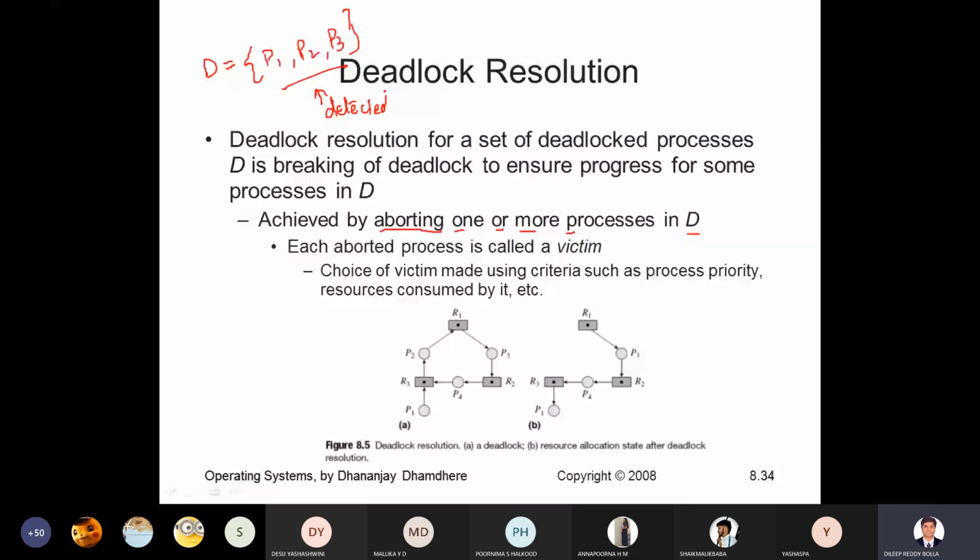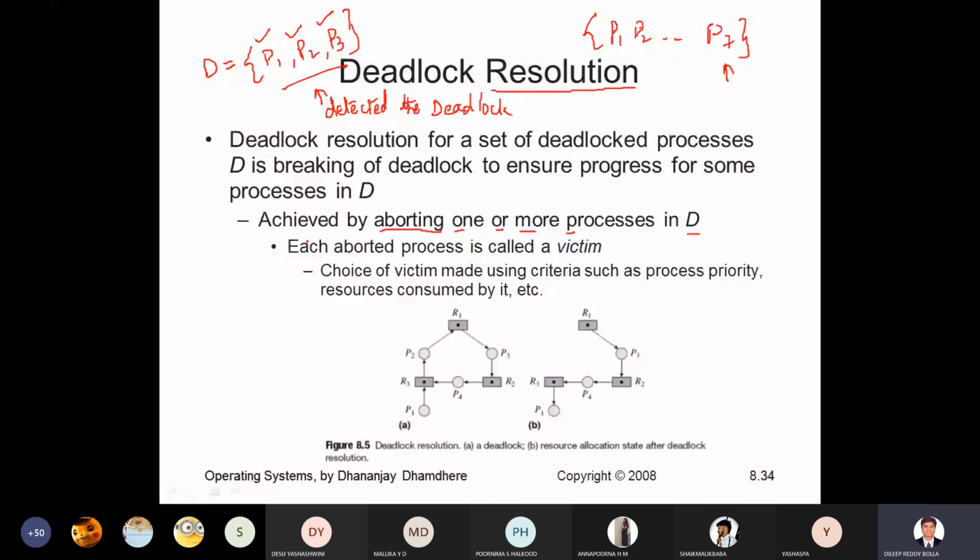Let us say out of processes P1, P2, and so on up to P7, we assume we have 7 processes here. Out of the 7, all are working fine, but processes P1, P2, and P3 have been detected with deadlock. Now, in order to resolve this, we can achieve the resolution by aborting any of the processes.